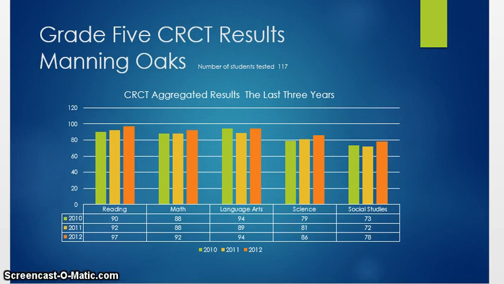For science, fairly steady, making a 5% gain the last year. And for social studies, we did make a 4% gain in 3 years, but we maintain a steady trend in improvements.